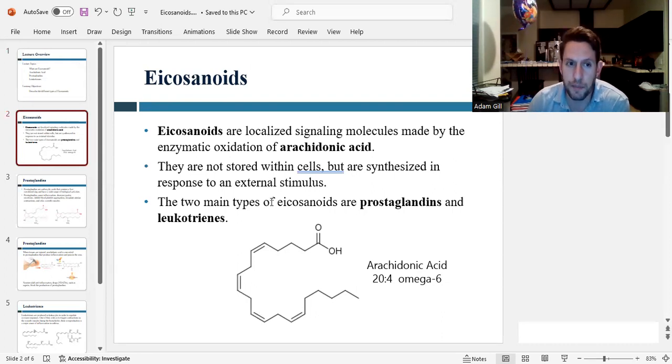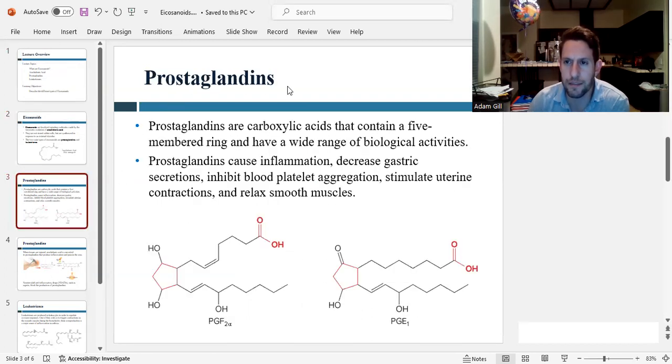There are two main types of eicosanoids that we'll talk about, the prostaglandins and the leukotrienes. So prostaglandins, the name actually comes from prostate gland.